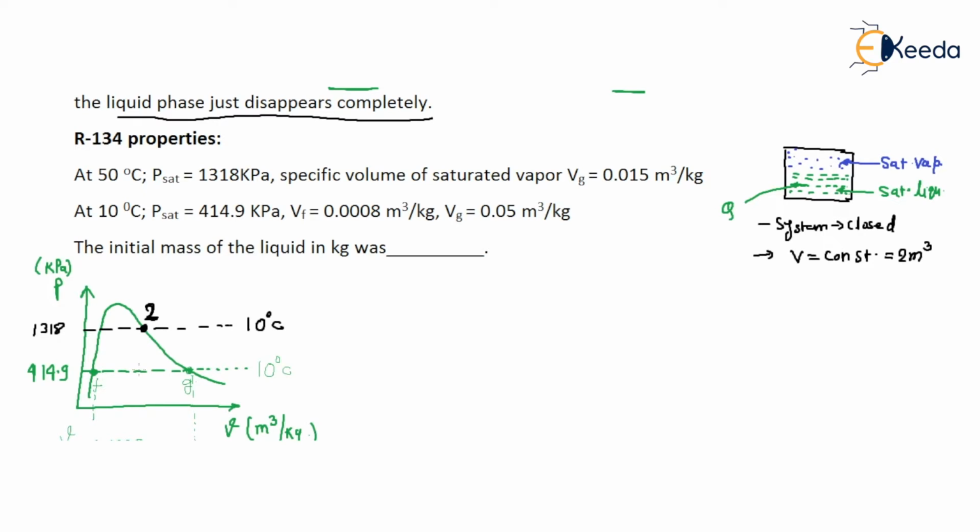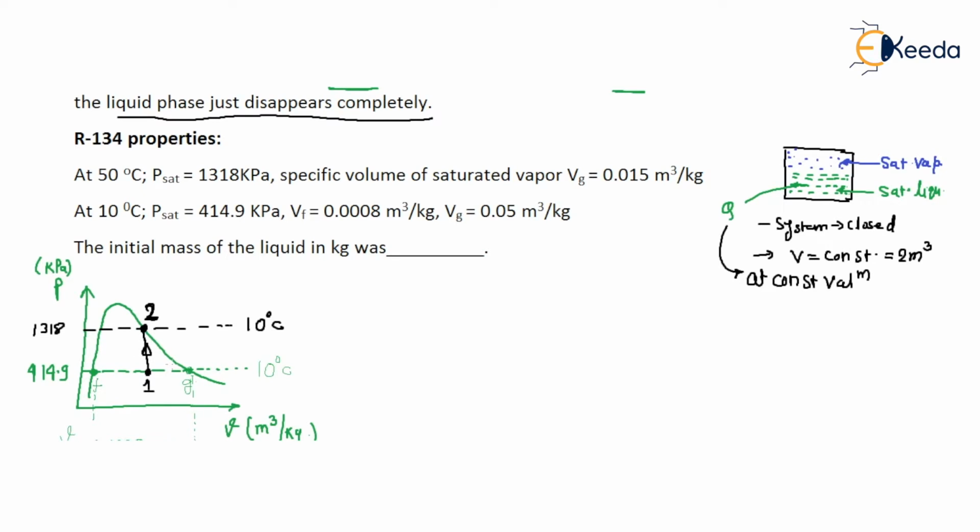Initially this one point is in the wet region, a mixture of liquid and vapor, somewhere between f and g. Heating is at constant volume, because the volume remains the same. Let's suppose this is point 1 and it is heated to point 2.